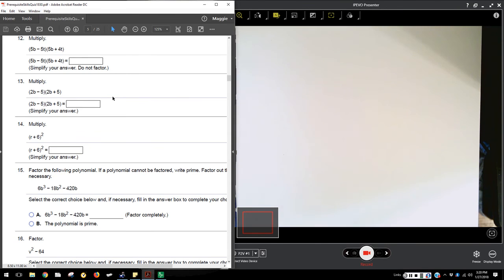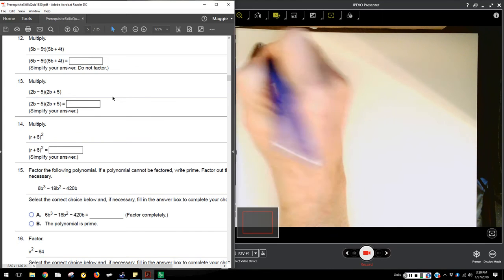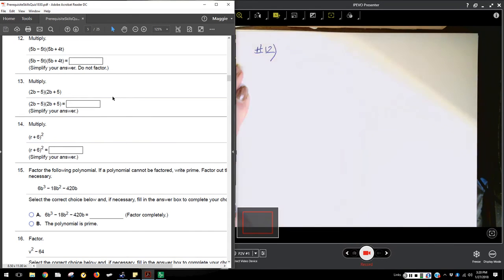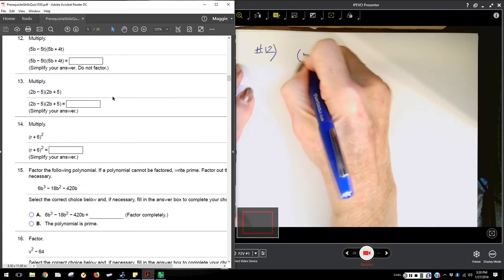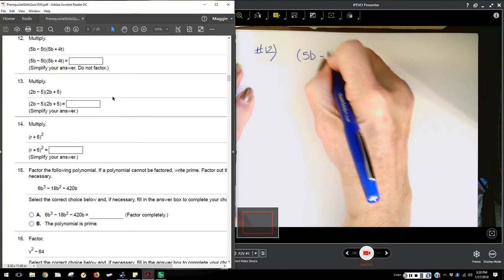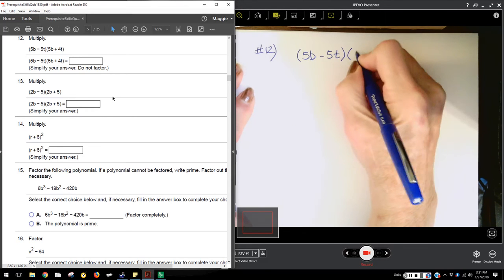So number 12, I'm going to multiply 5b minus 5t times 5b plus 4t.